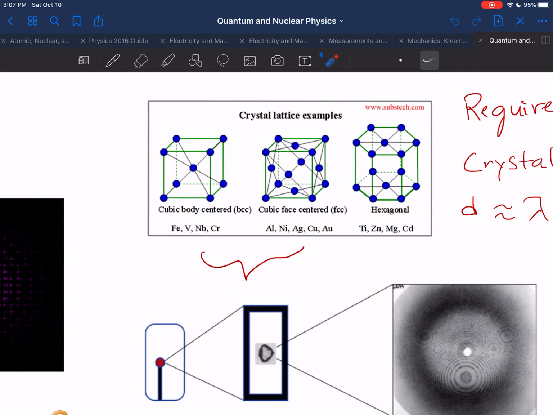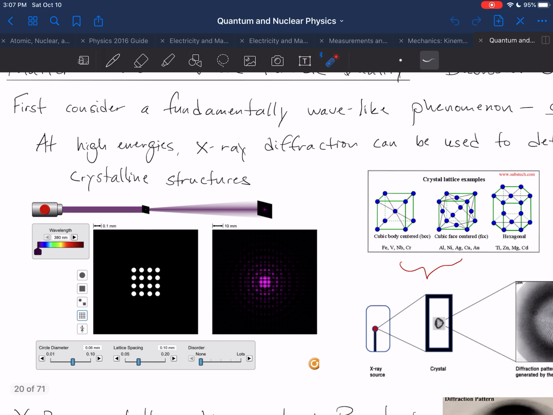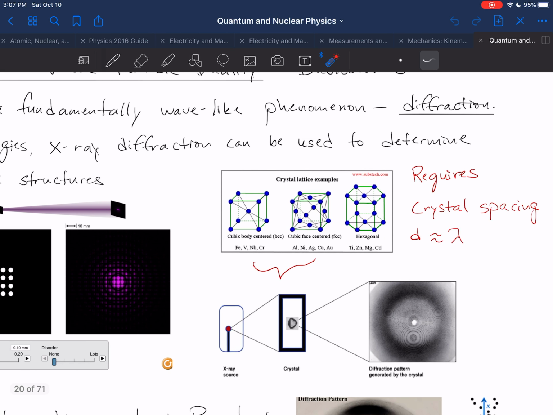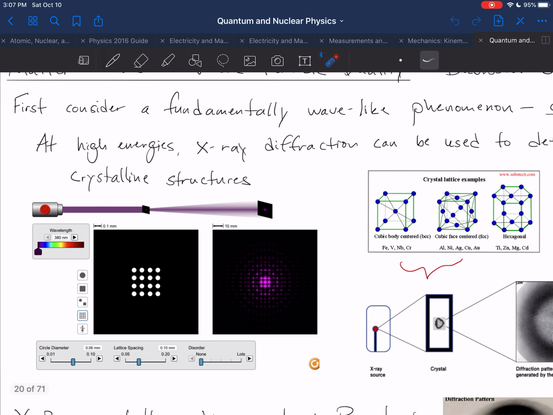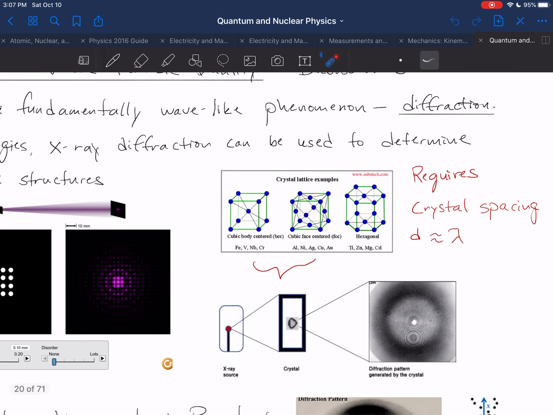And as it turns out, if you send a beam of X-rays, that is radiation with a wavelength approximately the size of the distance between those atoms, you can produce diffraction patterns and measure from those patterns the wavelength of the diffraction and therefore the crystalline spacing.